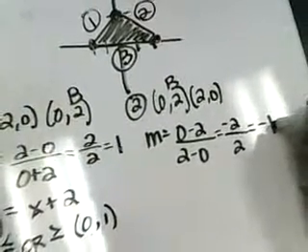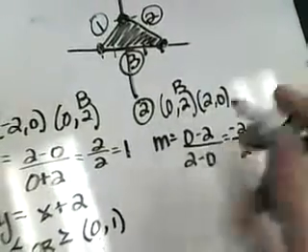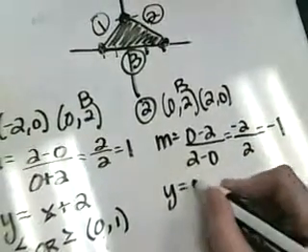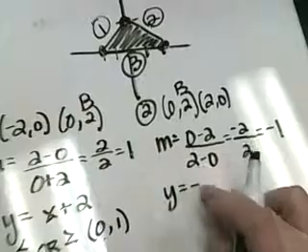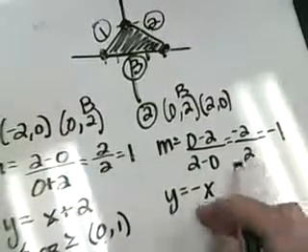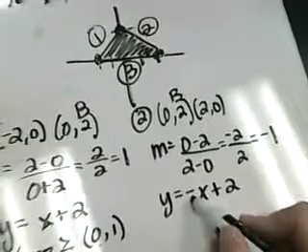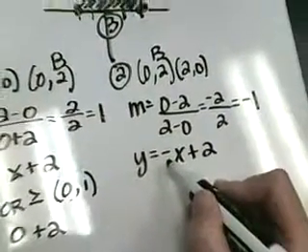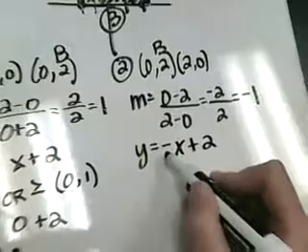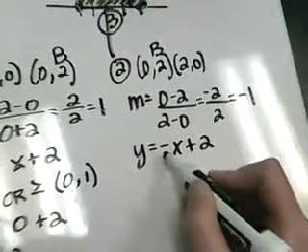Now I have the slope and the b, so y equals negative x plus 2. Because remember, there's a negative 1 there. Even if I can't see it, I don't have to write him. Now I have to decide what symbol to use.